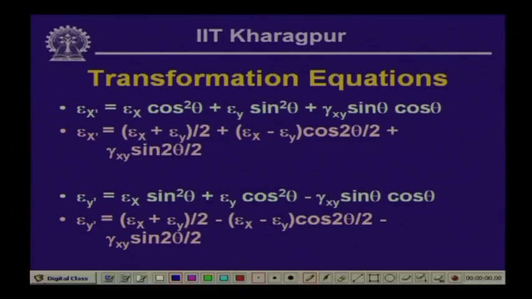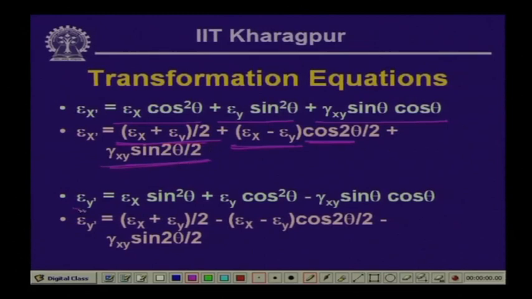Well, these are the values which we have just now seen: epsilon x dashed is equal to epsilon x cos square theta plus epsilon y sin square theta plus gamma x y sin theta cos theta, and epsilon x dashed in terms of cos 2 theta and sin 2 theta is given as epsilon x plus epsilon y by 2 plus epsilon x minus epsilon y cos 2 theta by 2 plus gamma x y sin 2 theta by 2.